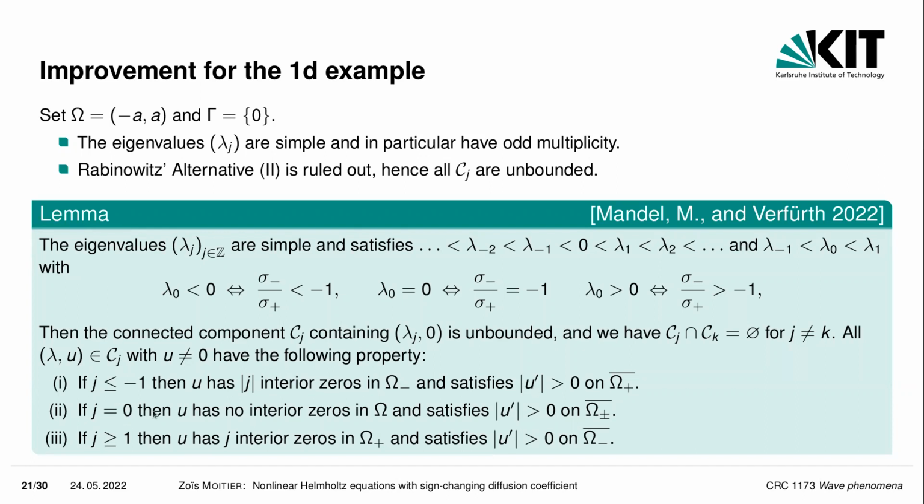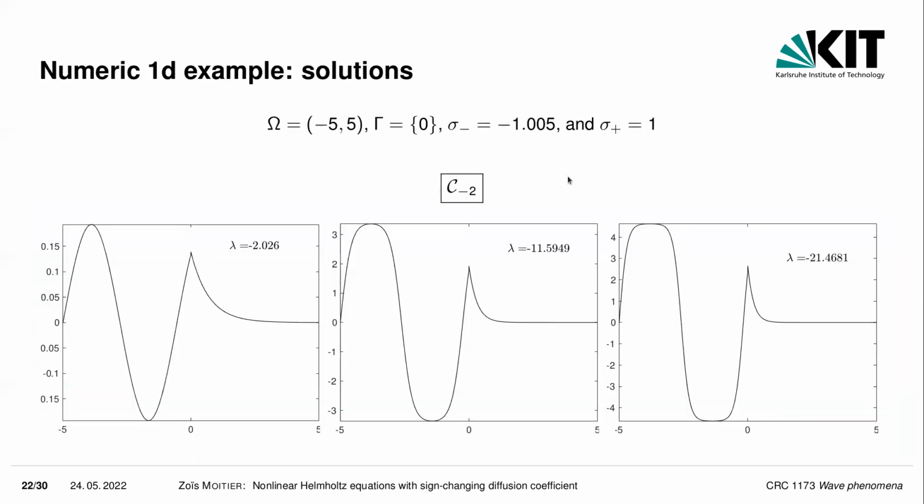And for these hat eigenvalues, we know that we have no interior zeros, and along the branch we still have no interior zeros. And for the positive ones, we have j interior zeros in omega plus and no zeros in omega minus. So again, to visualize a little bit more precisely what I'm saying, for example, if we look at this branch C minus 2, this is along the branch C minus 2, very close to the start.